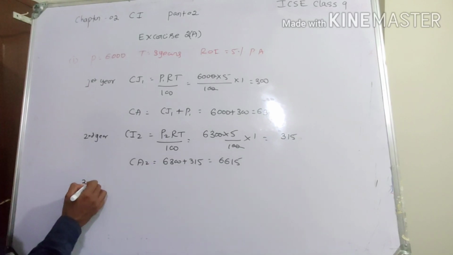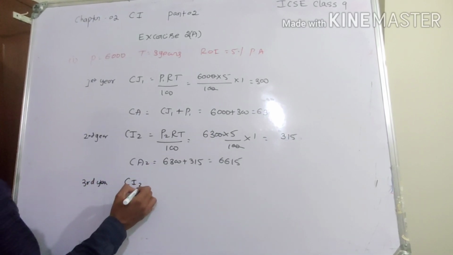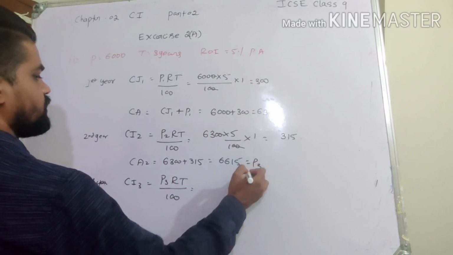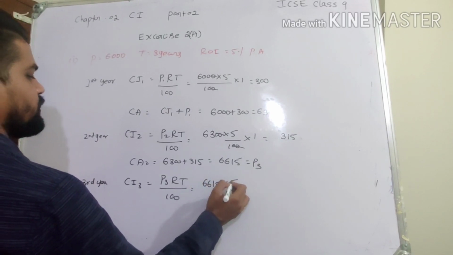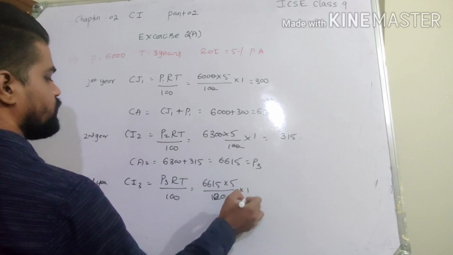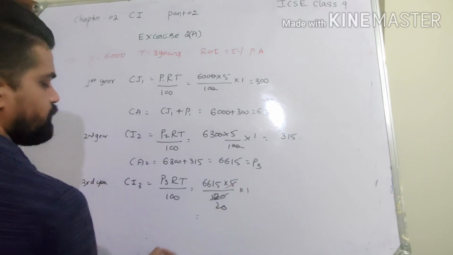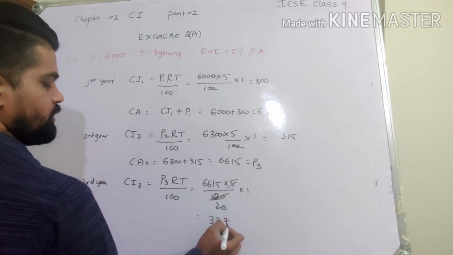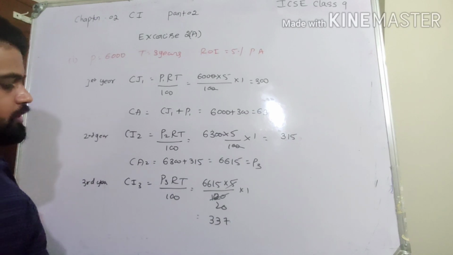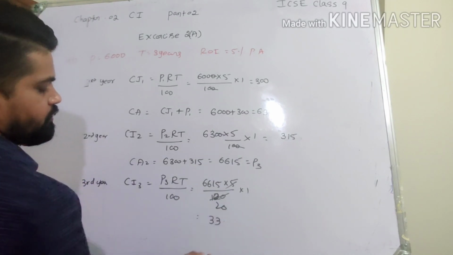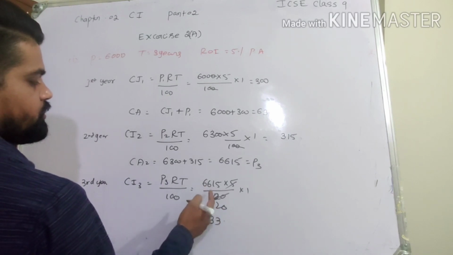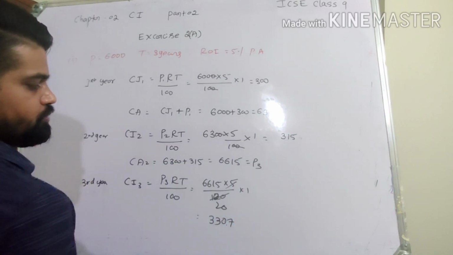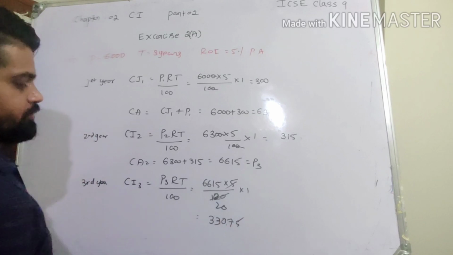So coming to the third year, CI3 will be P3 RT by 100. What is P3 now? It is 6,615 into 5 by 100 into 1. This will become 20, so again divide by 2 as it is. 337... 2 3s are 6, 2 3s are 6, and then we should put a decimal point also, 75.